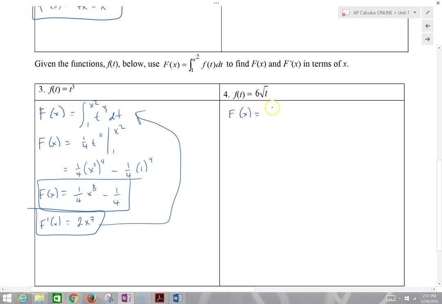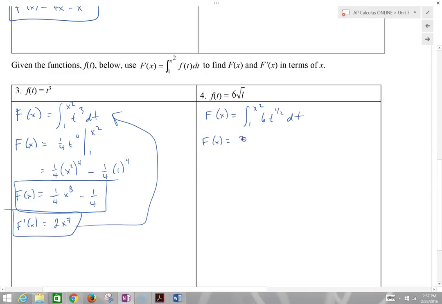F of x is equal to the integral from 1 to x squared of 6 square root of t. I'm going to rewrite that as t to the 1/2. And then we take the antiderivative. So what is that? That is 4t to the 3/2.